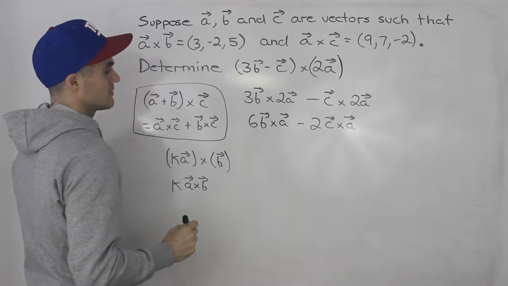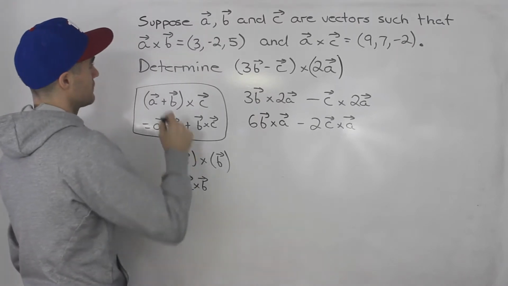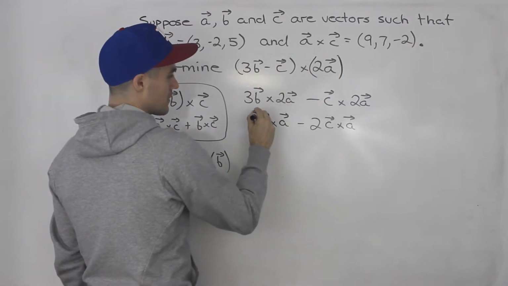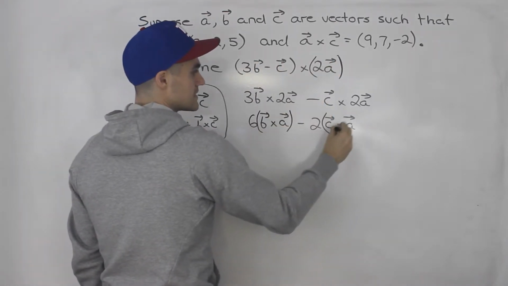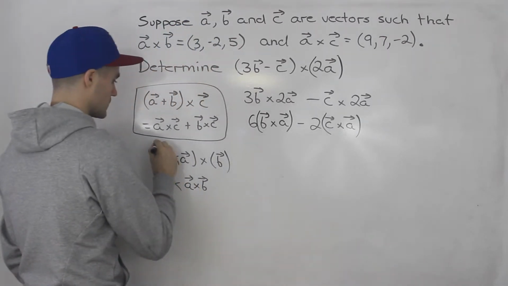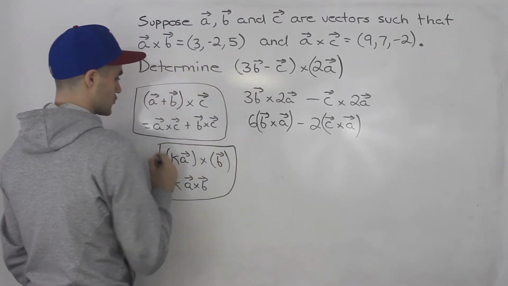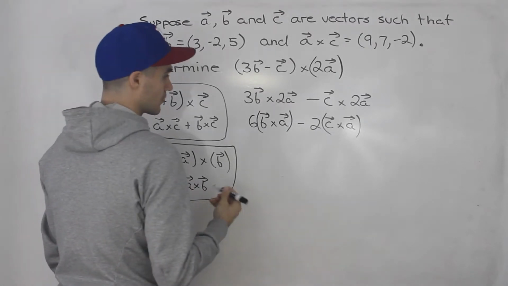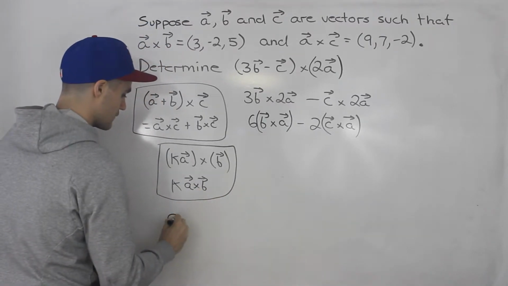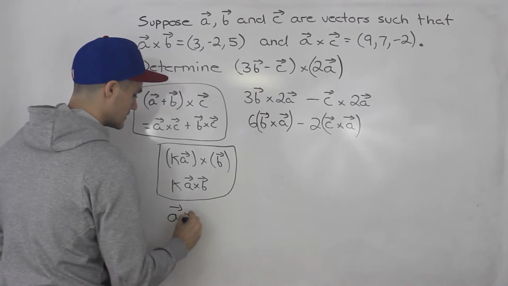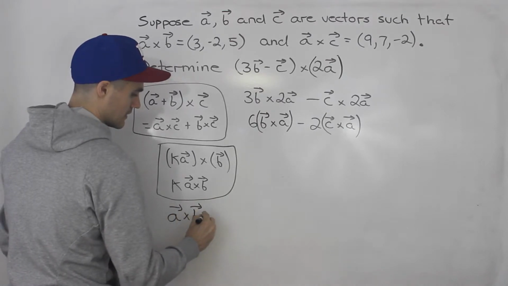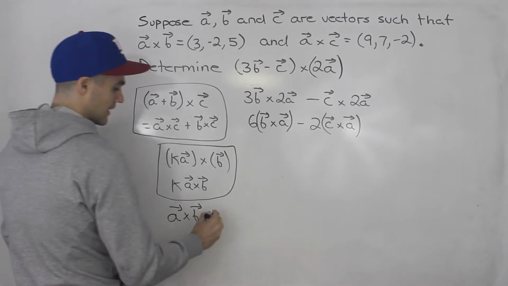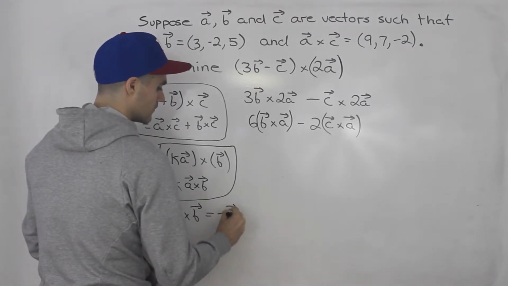All right, so we're getting a lot closer. Notice that we have expressions for A times B and A times C, but here we have B times A and C times A. And here is one of the trickier parts of this question. If you remember cross product rules, if you have A times B and you want to switch the order, then you have to put a negative in front.